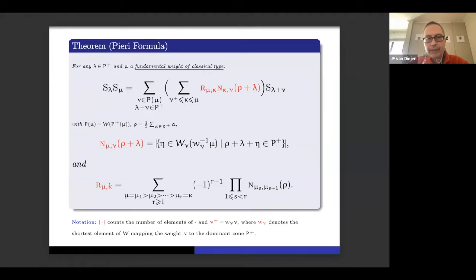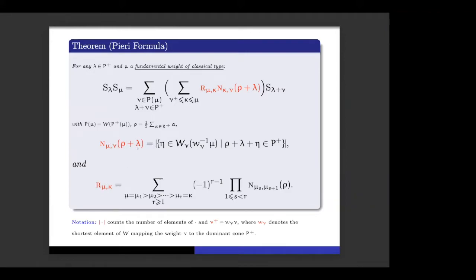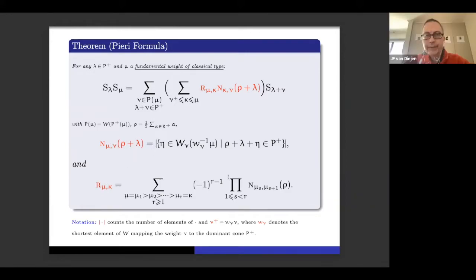Here, mu and kappa are always dominant. You can do this explicitly because this is uni-triangular, and if you do it using Gauss elimination, you get this kind of expression. This is the basic ingredient, and this is just obtained from inverting this number for lambda equal to 0. So those are the coefficients here.